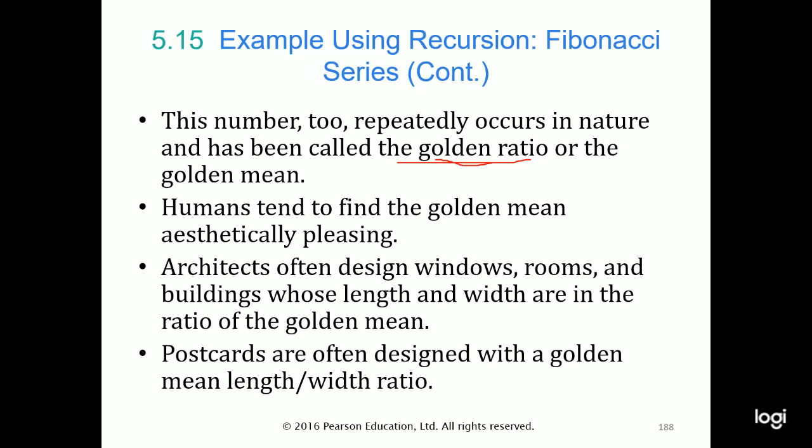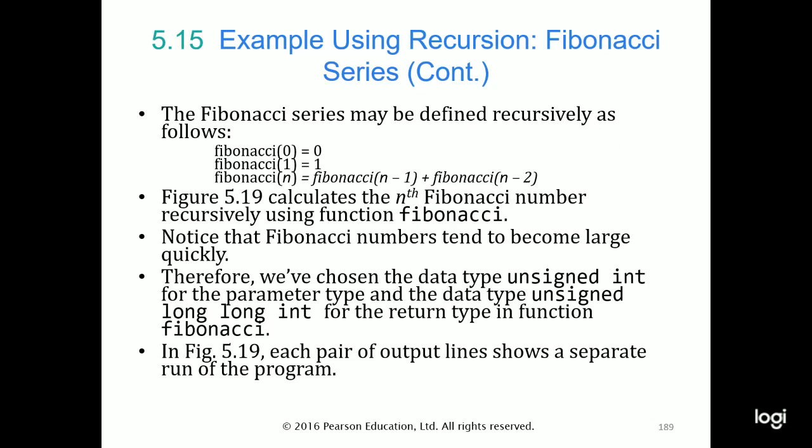We generally find this golden mean aesthetically pleasing. Because of this, architects generally tend to keep the ratio of the length and width of windows equal to the golden mean, because we find that pleasing. Postcards are also often designed to have the golden mean as the length-width ratio.